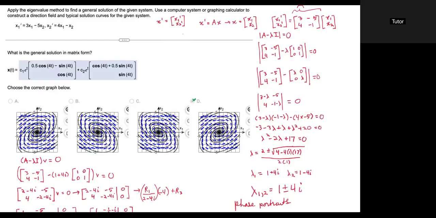So we get cosine and sine graphs. We get cosine and sine in our equations, and that's why we have a spiral.